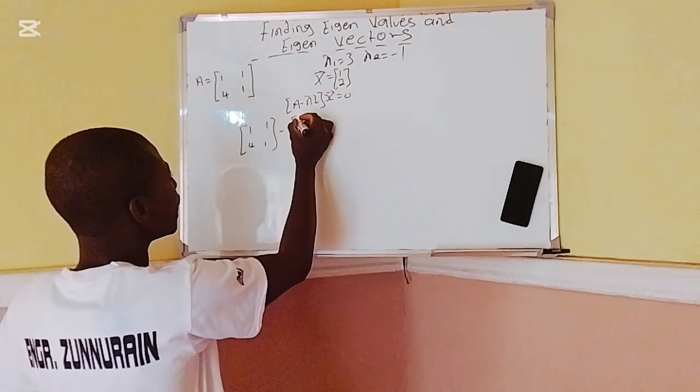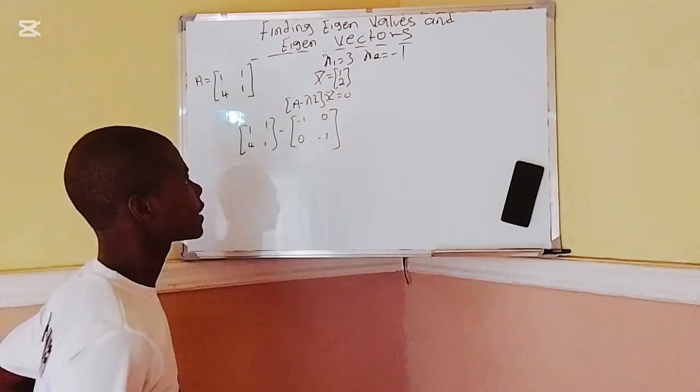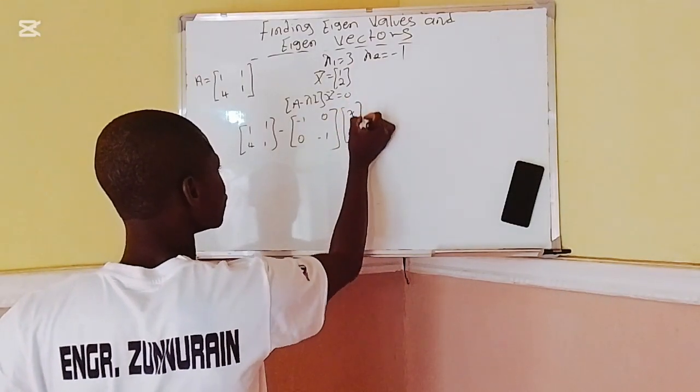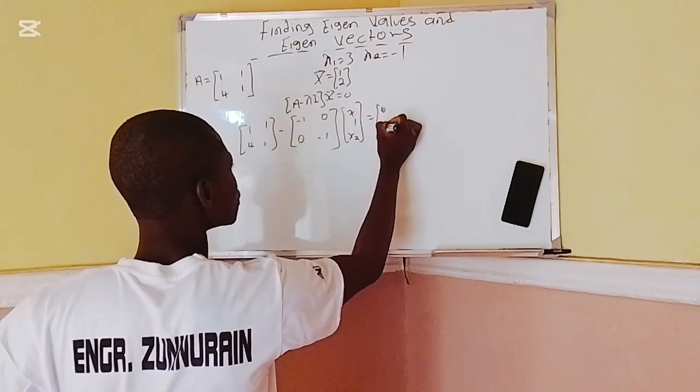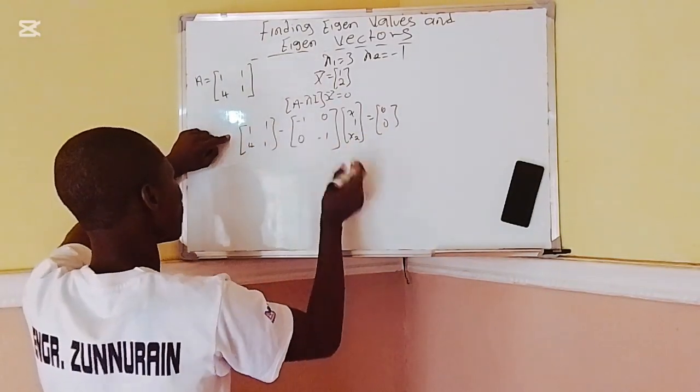So therefore, I will end up with negative 1, 0, 0, and negative 1. So as x1 and x2, it will be equal to 0, 0.